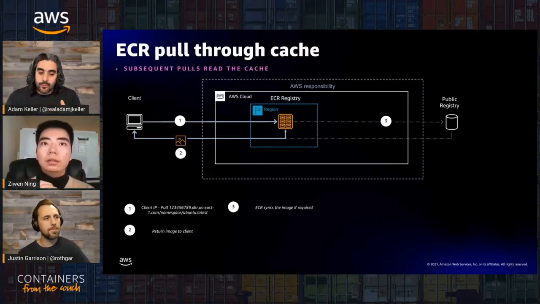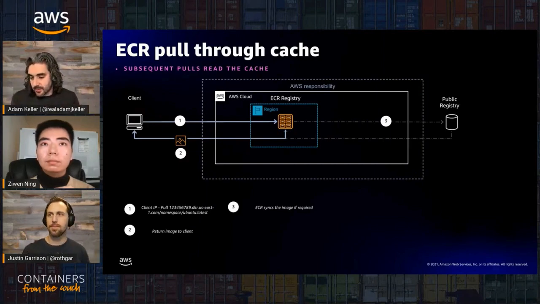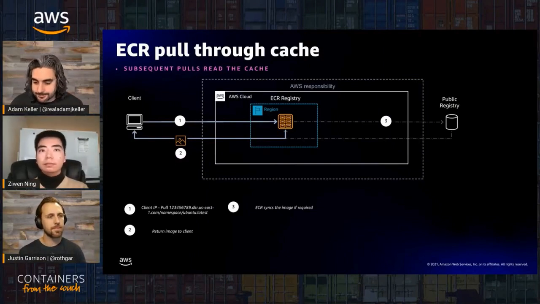Yeah. So what happens in a 24-hour period if I don't do a pull? Will it also check for any updates to the image, or only on pull? Yeah, it's only on pull. Got it. Cool.